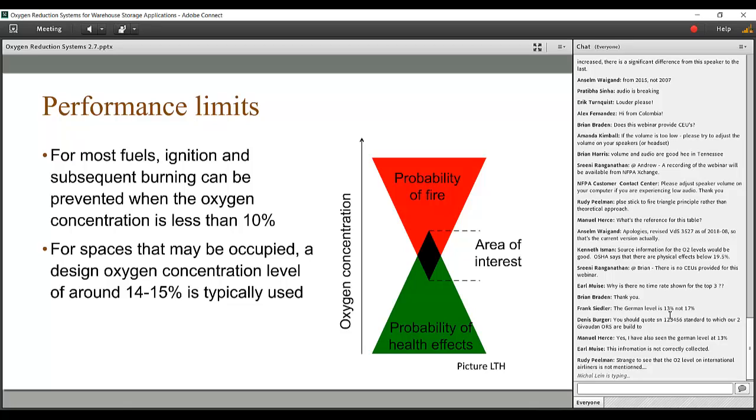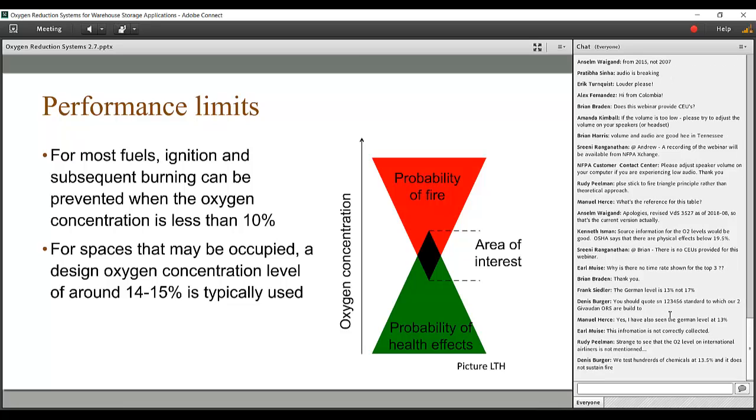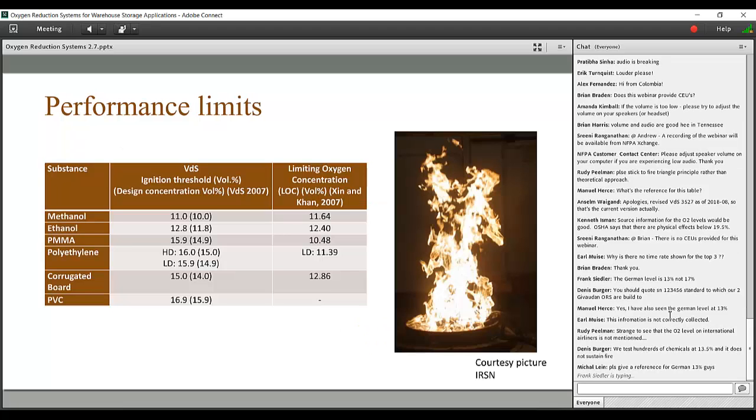Yeah, so if we talk about the performance limits, as Brian said, we are at about 10% at the lowest inerting level, and normally 14–15% has been used. If we look down at the table here, the range is somewhat different depending on how you check it.